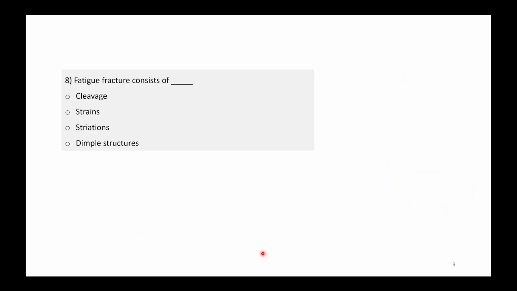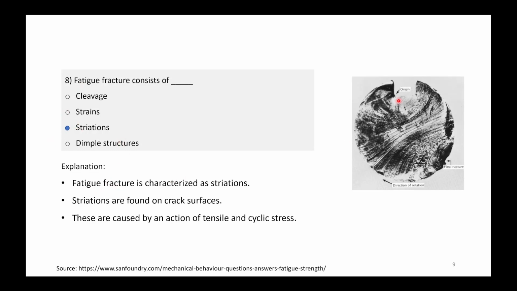Now the 8th question is: fatigue fracture consists of. Now you have to identify what will be on the surface. There will be either cleavage, striations or dimple structures. The fatigue fracture is characterized by striations, so this will be the answer.